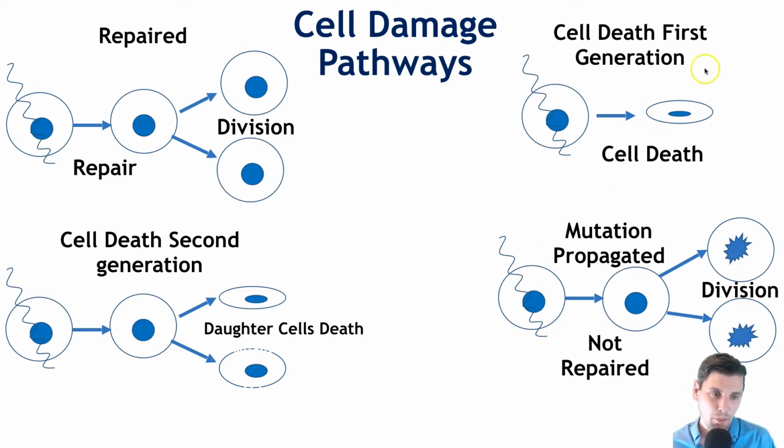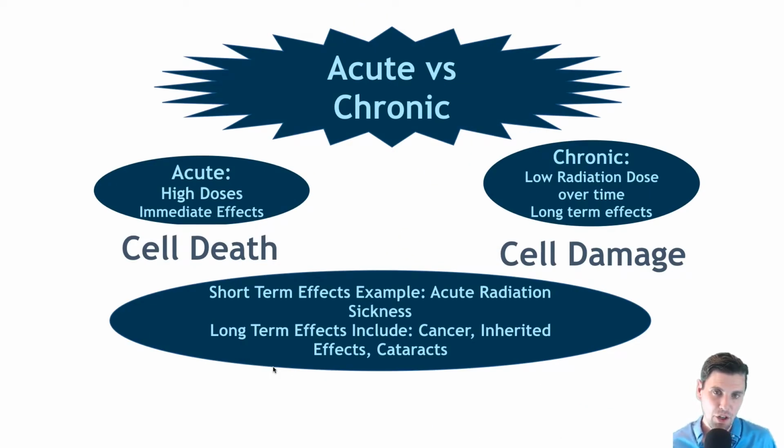So today we're primarily talking about these effects here, wherein cell death is leading to these effects on the somatic cells. We also want to mention acute versus chronic. These are just general terms, but they're part of the ART summary spreadsheet, so we want to be familiar with them.